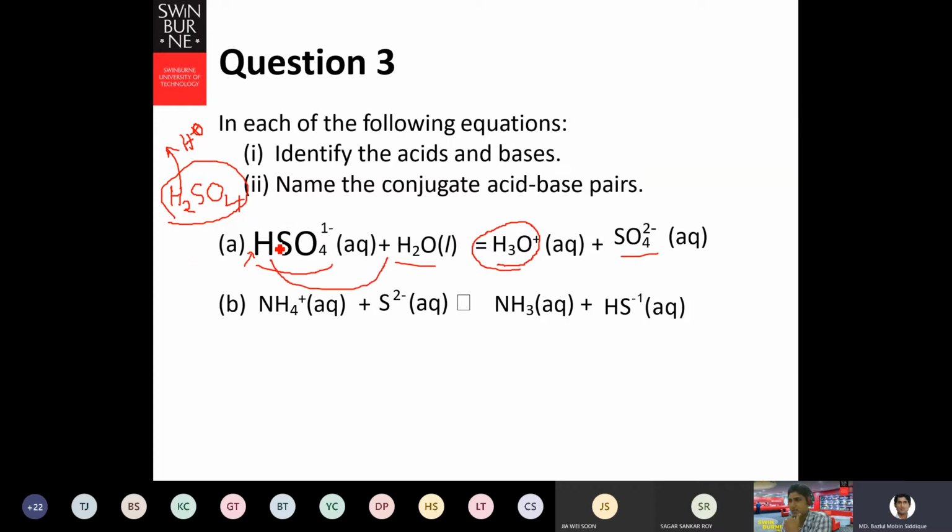This compound, HSO4, gave one hydrogen to the water and produces H3O plus. So this is still an acid, because it is releasing a hydrogen ion, or donating a hydrogen ion to water.